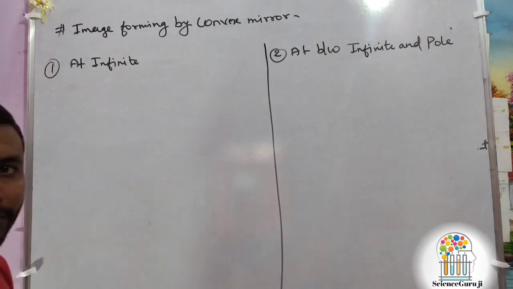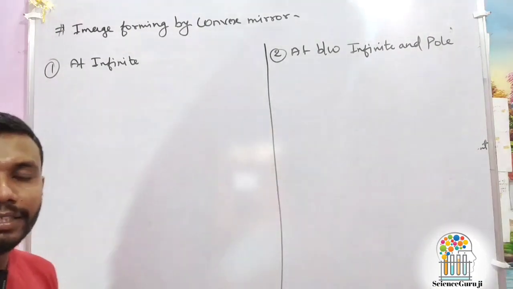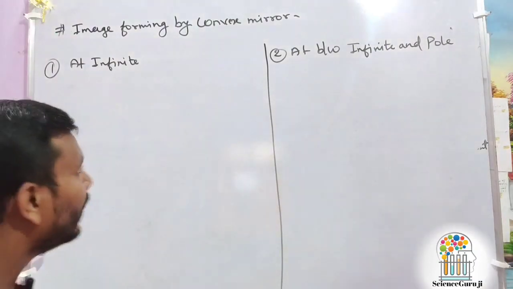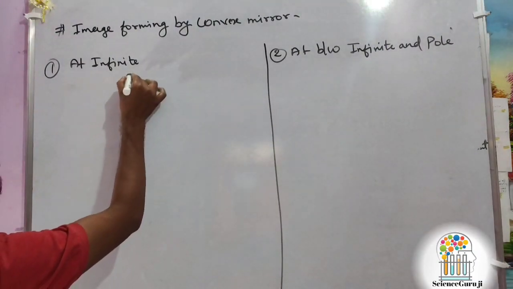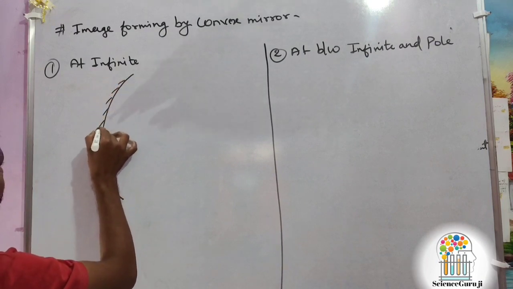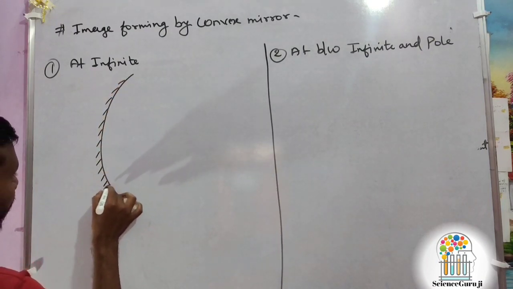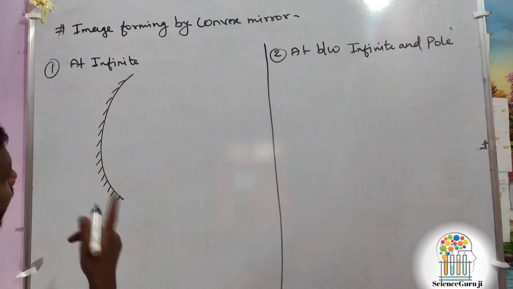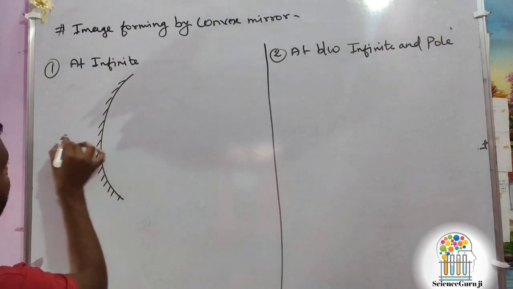If the object is at infinity, then the image forming here is always virtual, erect, and point size. Okay, so this one is our convex mirror, and the convex mirror's focus is always behind the mirror.